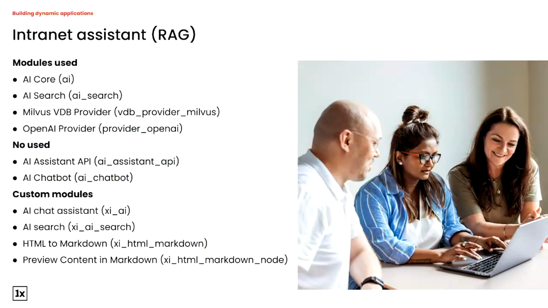All right, and all of this is pretty standard. You can do all of this with Drupal, with contrib modules that exist today. The only thing is, we didn't use the AI Assistant API and the AI chatbot simply because we had ours before this was developed. We contributed to these, and we will essentially at some point change to these.